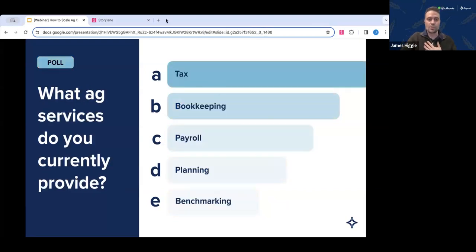And then I'll launch a similar one here. This one isn't really important, and the language we've chosen here is quite deliberate. Everyone's going to be supporting clients on tax, right? Everyone's going to have a payroll function.